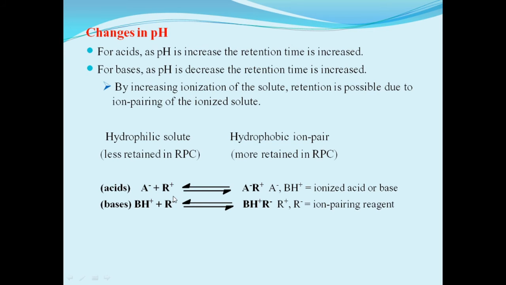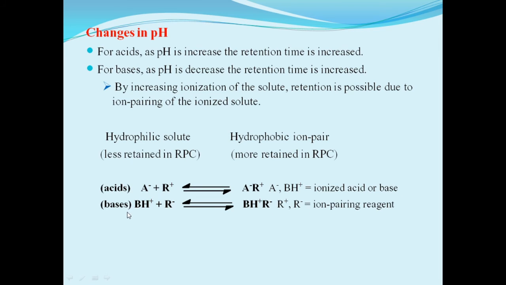A minus plus R plus reversibly gives A minus R plus. Here A minus is the ionized acid and BH plus is the ionized base.